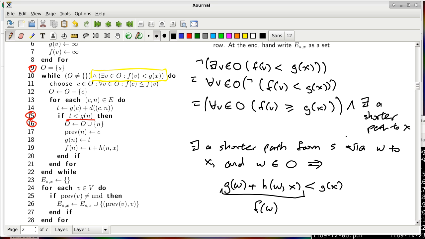That really is an important part because it's making all the pieces connect together. It's like, what is the significance of this conditional statement? What is the significance of the condition here? Why do we put n back into O? Why do we update these things? Why do we initialize the values the way we do? Why do we choose, if there are multiple elements in O, based on this criterion?